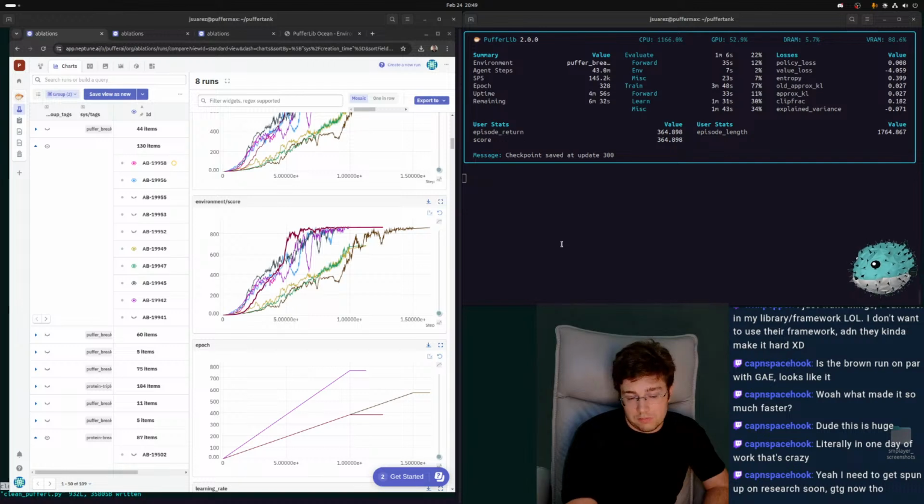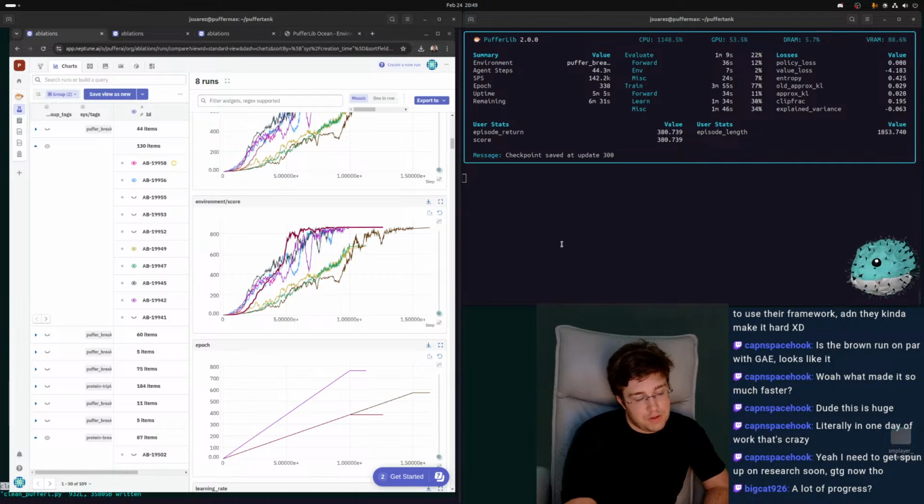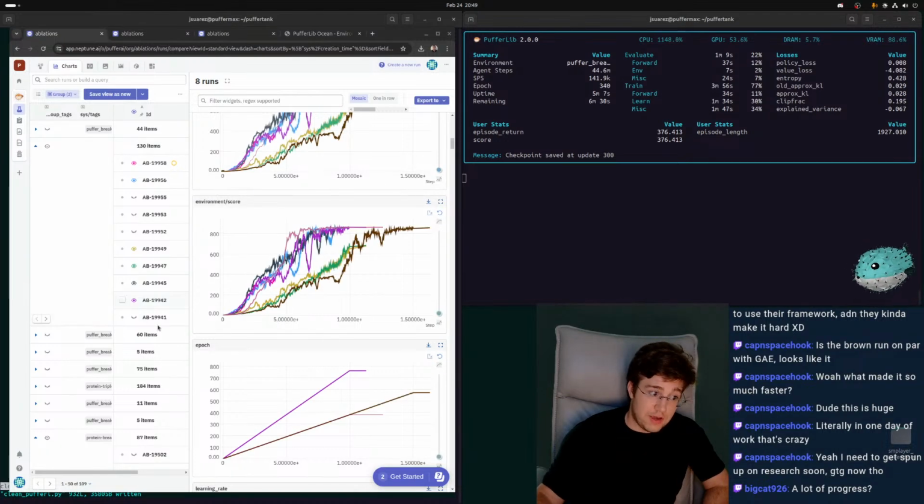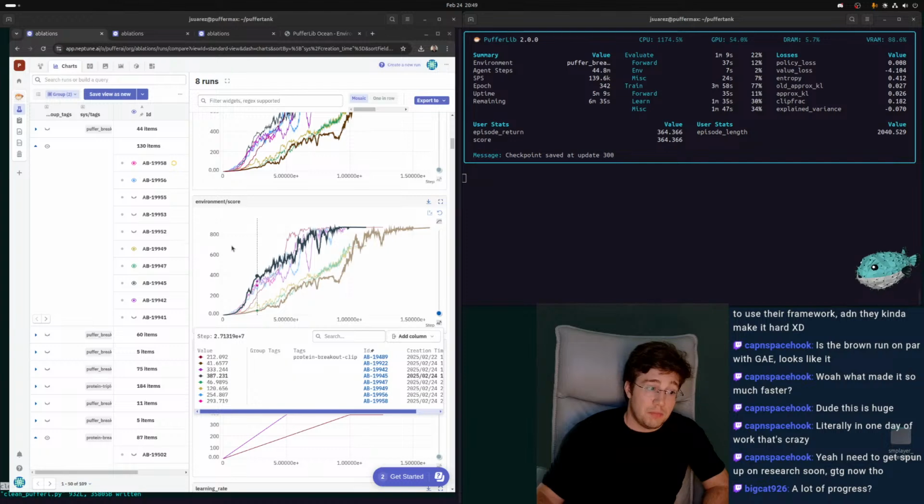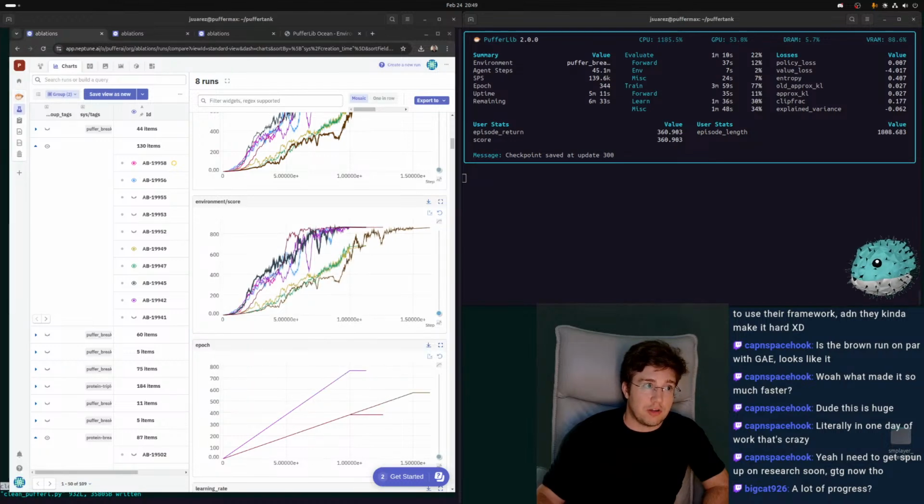It's flattened out. We'll see terminal behavior. A lot of progress? Oh yeah. Potentially revolutionary progress for the field.